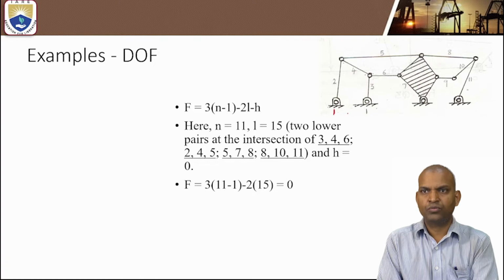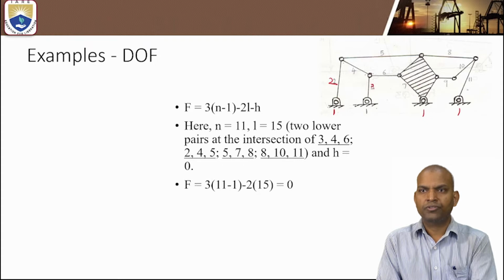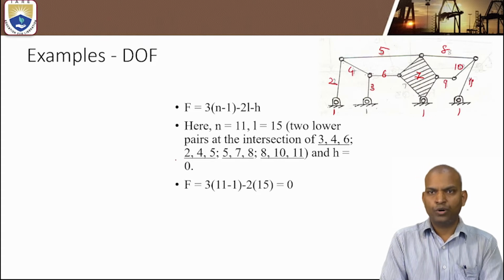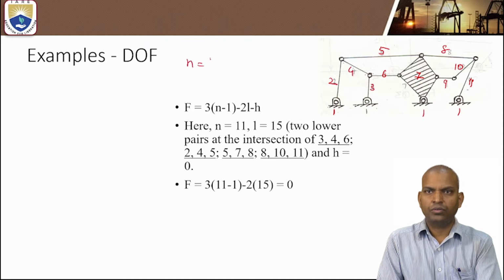The fixed link is 1. Now link number 2, 3, 4, 5, 6, 7, 8, 9, 10, 11. How many links are here? N equal to 11.